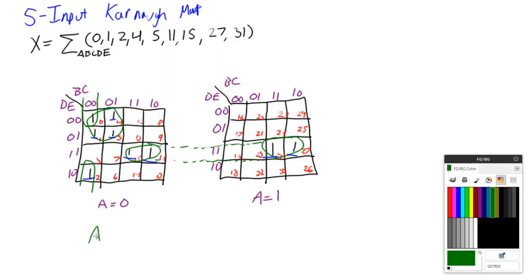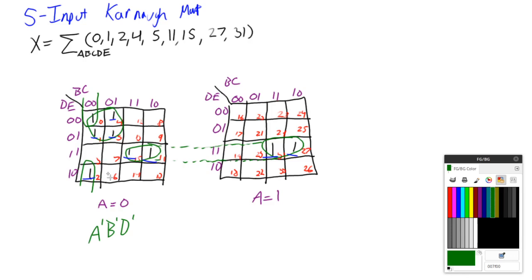So we've got A naught, right, because A is a 0. And let's see what else stays the same. Looks like B stays as a 0. C changes. D stays as a 0, so we got D naught. And E changes. So this is A naught, B naught, D naught.